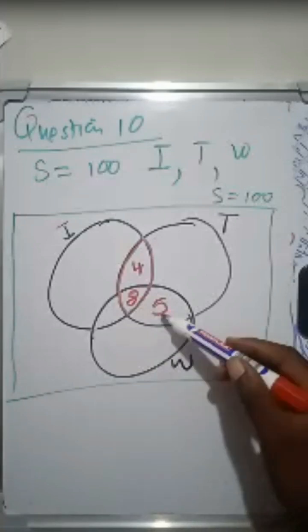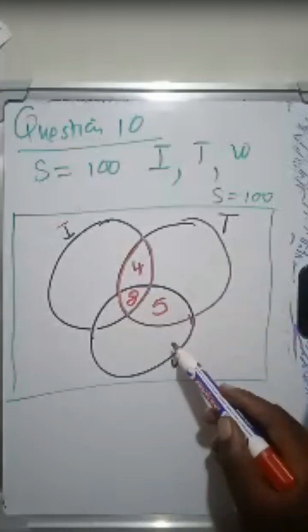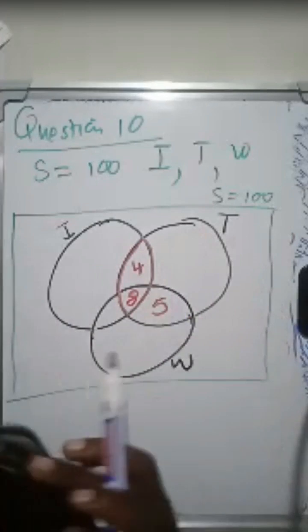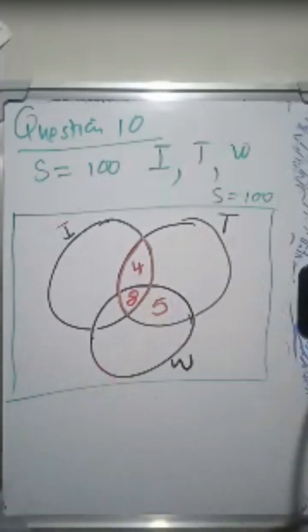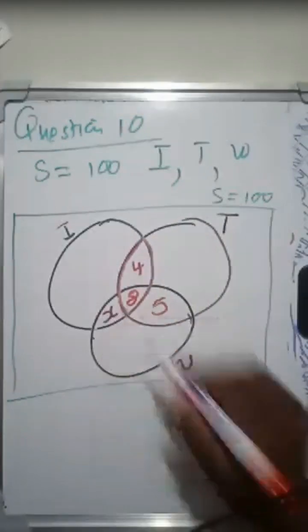There are 5 plus 8, which is 13. But remember that they said 5 Twitter and WhatsApp, but not Instagram. So it means we just write 5 here. Okay? Then the other one says x use Instagram and WhatsApp, but not Twitter. So it means here we have what? x.